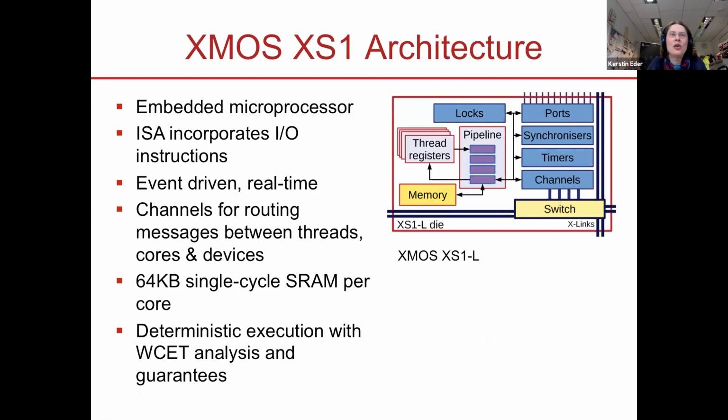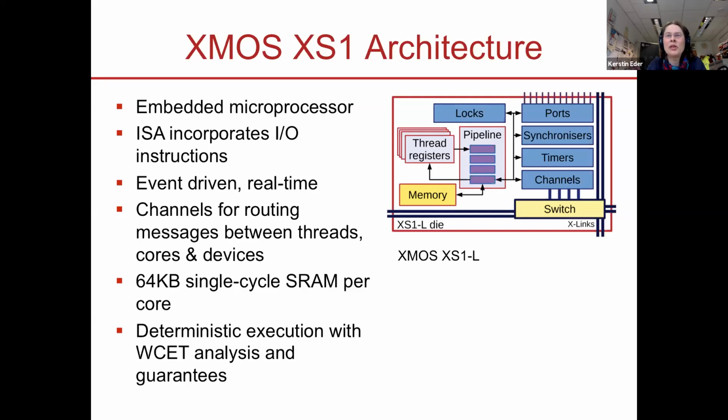The instruction set incorporates input-output instructions, so that makes it really easy to characterize them as well. It's an event-driven architecture. It's real-time capable. It has fully deterministic execution with worst-case execution time analysis and guarantees. It's fully timing predictable. That is very good news. It's got channels for routing messages between threads, and it's based on communication between threads using message passing.